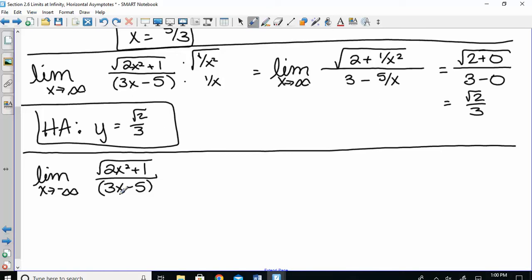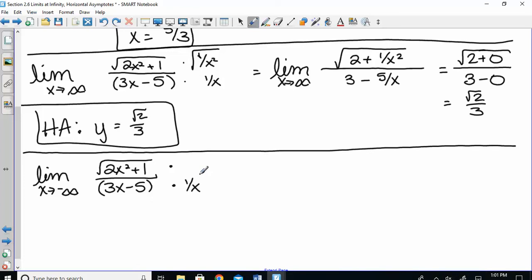So, to start, we can't do anything until we get this to be more reasonable. So we need to try to do what? What did we do first last time? 1 over x.